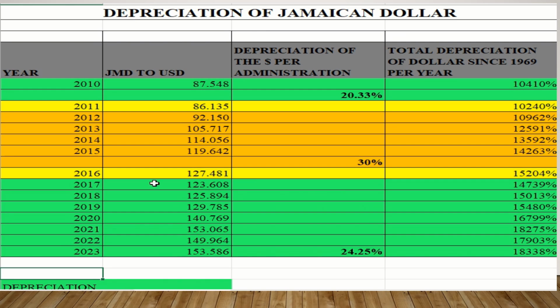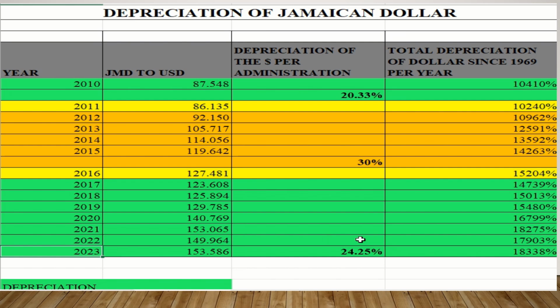You know the drift. In 2017, the dollar was valued at 123.6608. I can't even say close to the end of their administration because I have no idea when it's going to end. But as at 2023, the value of the Jamaican dollar was 153.586, a depreciation of 24.25%.